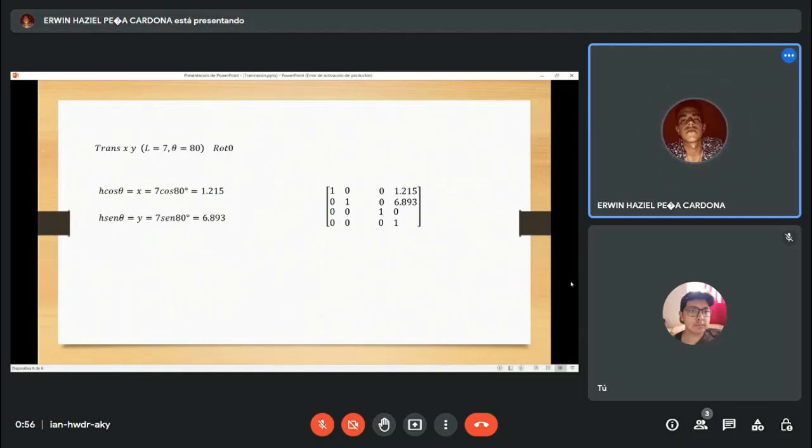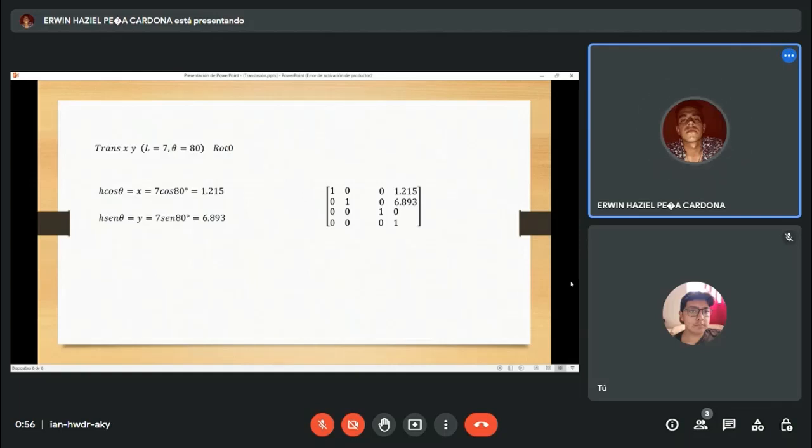First of all, the problem tells us that we have a translation in the x and y axis with a length of 7 and an angle of 80. It also says that it has no rotation. Why does it not have rotation? As shown in the matrix, L is the axis where it is, as you can see.